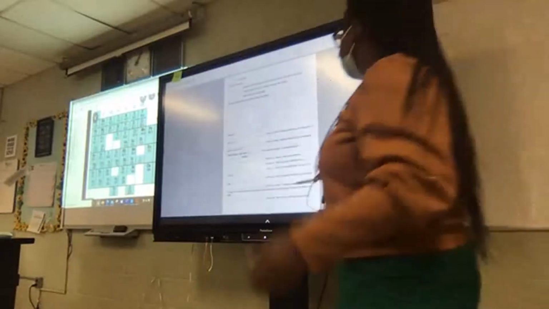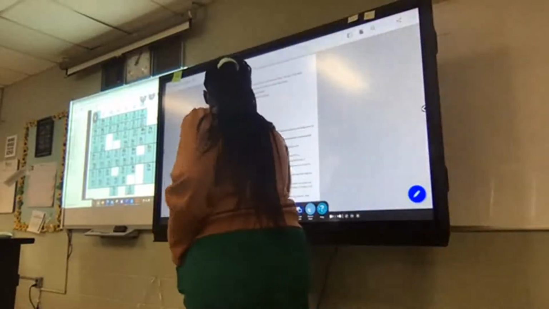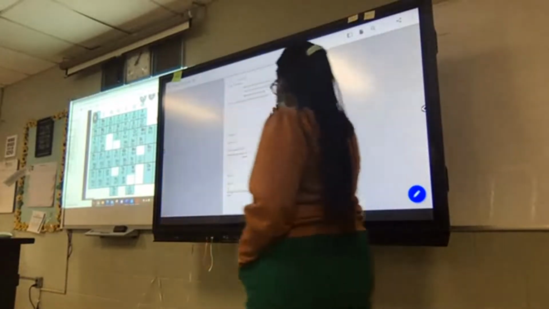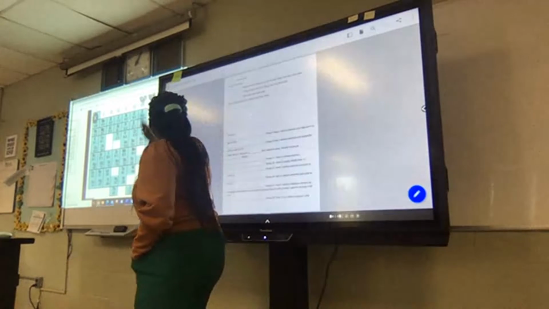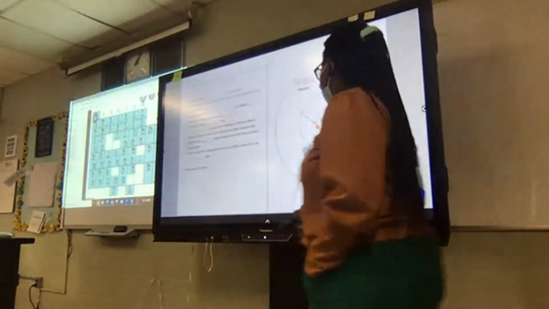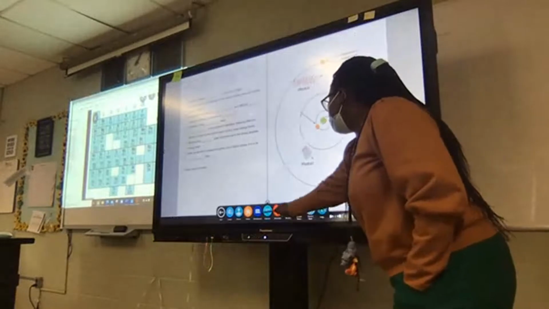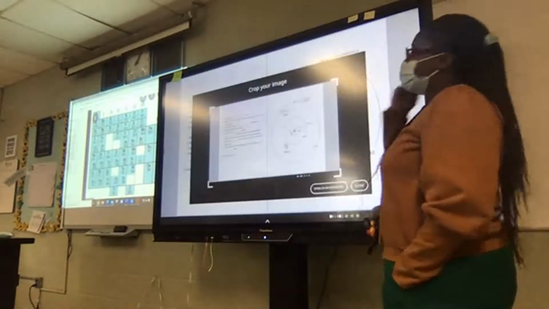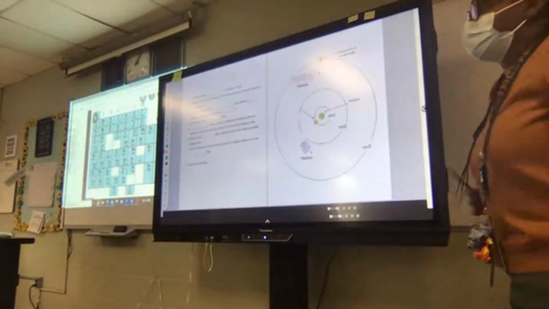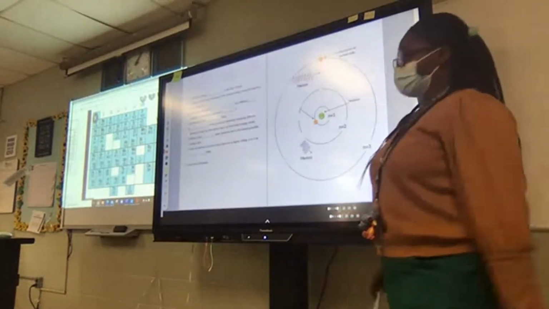So first we're going to review this document, the electron emission packet, the very last page, this one right here. We've been talking a lot about electrons and when they release energy and when energy is put into them or they absorb energy.